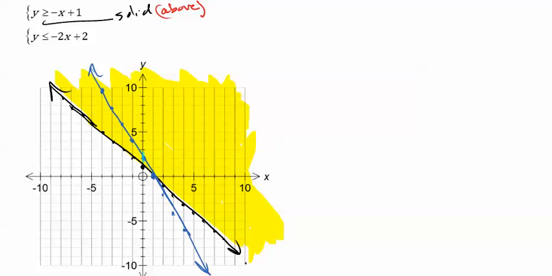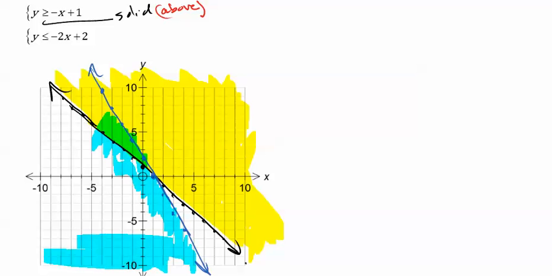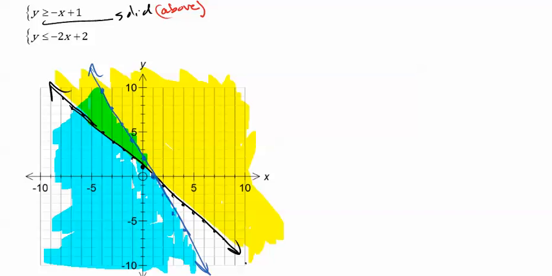So there's my y-intercept of 2, and up 2, left 2, or down 2, right 2. So I'm shading below this one, below the whole blue line. And so what I get is a little piece here.